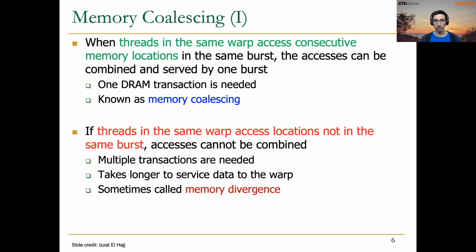However, if the memory locations that different threads in the warp access are not in the same burst, we would probably need more than one memory transaction, and that will, in the end, affect the bandwidth that we can achieve.